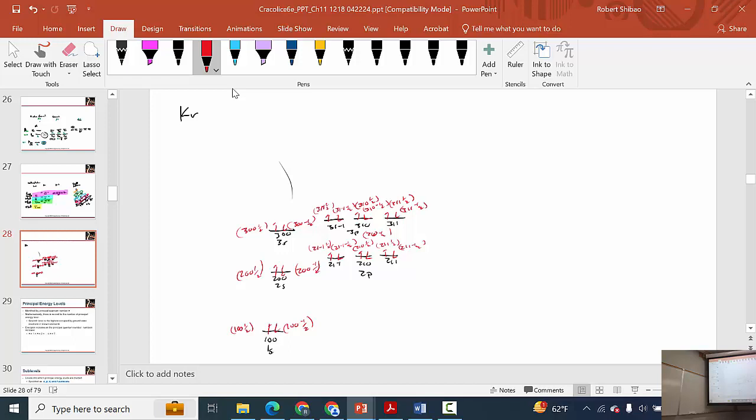So the first 3 quantum numbers tell us which orbital it is, and the last quantum number just tells us the spin.